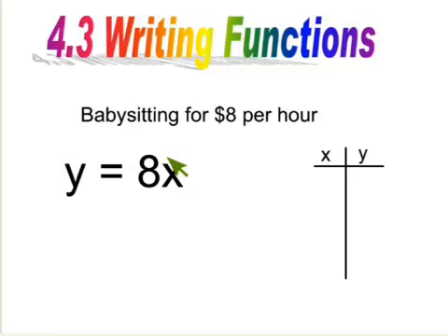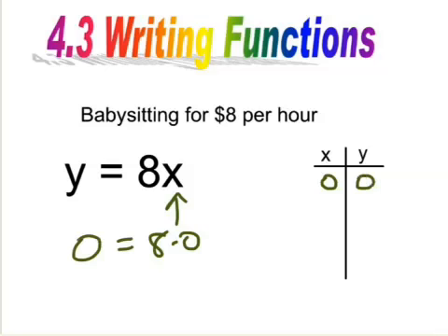It's a machine that tells us how much money a person's going to make for babysitting at $8 an hour. And you can see that you can plug in different x values. If you plug in 0 hours worked, 8 times 0 equals $0. If you plug in 1 hour of work, how much money do you make? Well, you make $8.